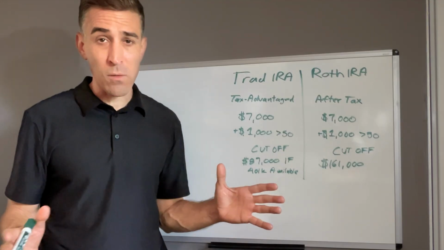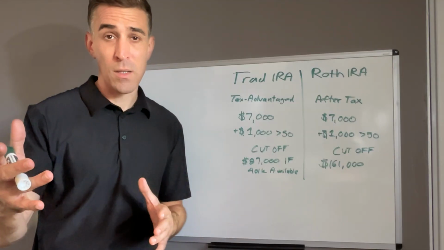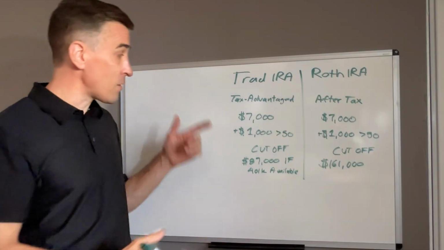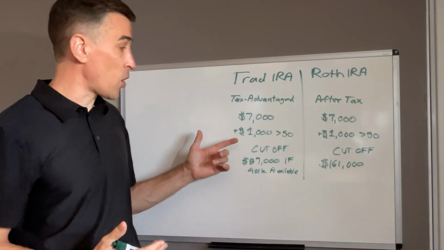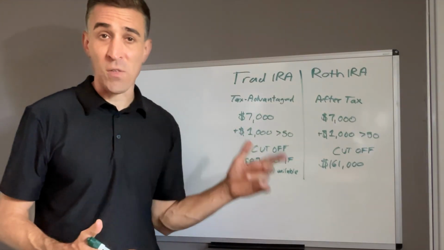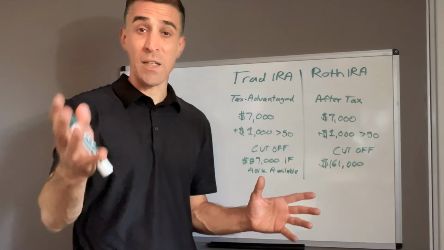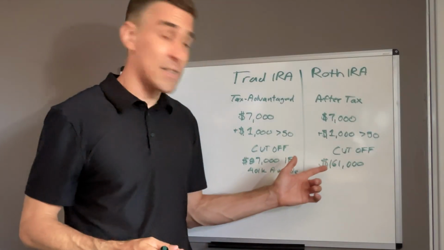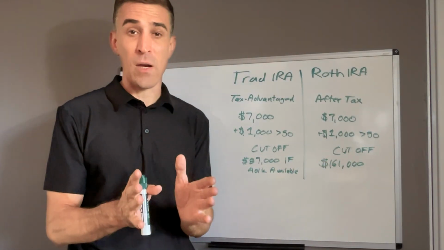So anyone with earned income qualifies and can contribute to an IRA. Contribution limits are $7,000 a year for both accounts, with an additional $1,000 catch-up if you are 50 or older. Now, there are income-based cutoffs where if as an individual you earn over $161,000 a year, you cannot contribute directly to a Roth IRA.